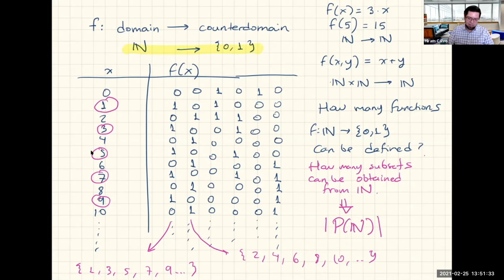So to answer how many functions can I build in this fashion, it's exactly the same question as how many subsets can be obtained from a set, right? And this is the cardinality of the power set of N.